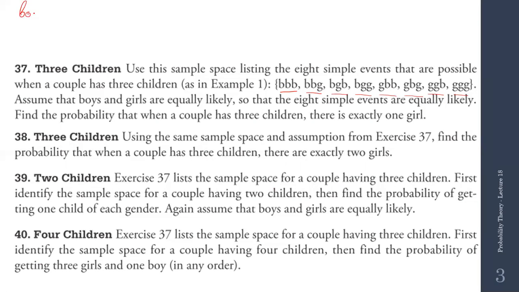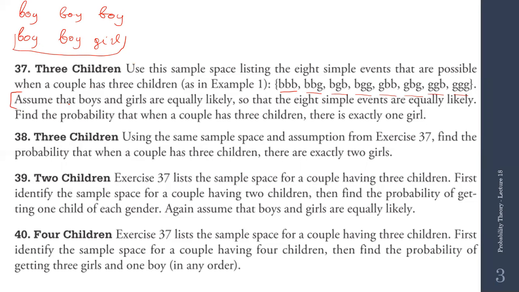BBB means boy, boy, and boy. BBG means boy, boy, and girl. There are 3 children in a family, so the eldest one is a boy, the middle one is also a boy, and the younger one is a girl.